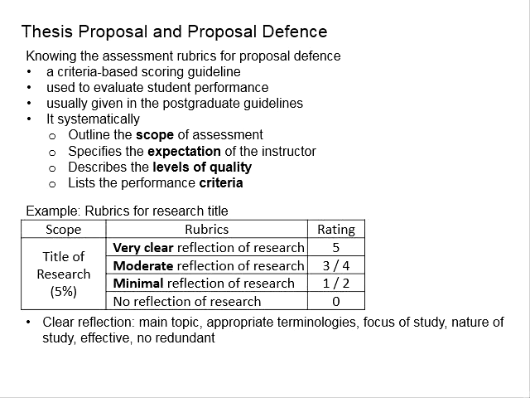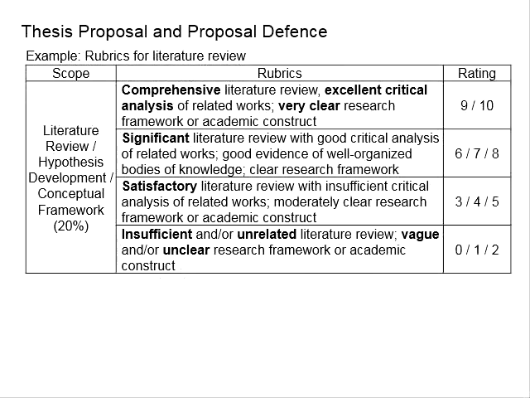You might need to interpret the keywords yourself so that you have some idea of the actual expectations as reflected by the assessment rubrics. So far, we have discussed two examples of the assessment rubrics, related to the title of the research as well as the literature review.